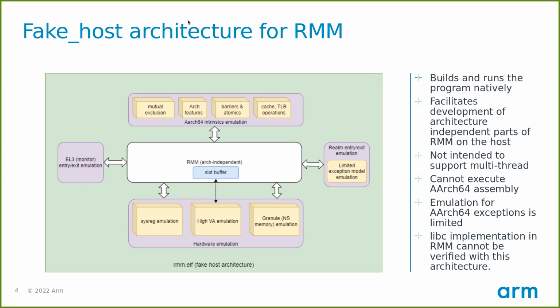If you look at some of the architectural folders in RMM, within the architecture folder, there will be an AArch64 folder and there will be a fake host folder. And the fake host folder will do the implementation for fake host. So what happens is, for example, if you take a write to a system register, SCTLR_EL2, there would be an implementation for AArch64, and there would be an implementation for fake host.